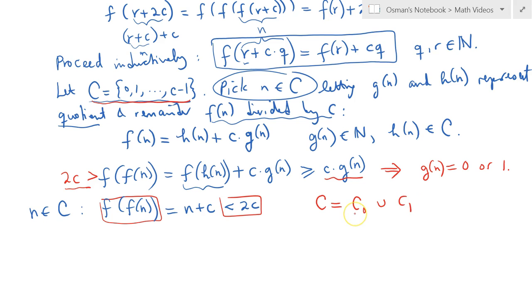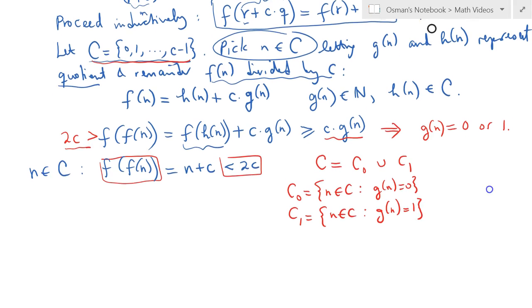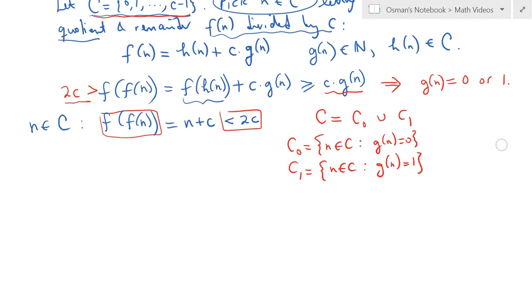So I can partition such that they are defined as follows. C sub 0 is all those n's in C such that g of n is equal to 0, and in a similar way, C sub 1 is equal to n in C such that g of n is equal to 1. Now we have two cases to consider, right?